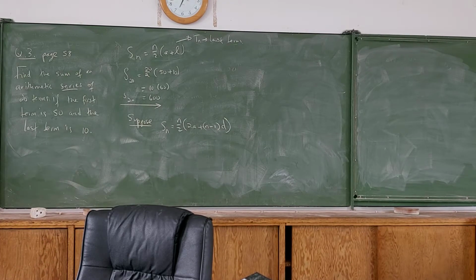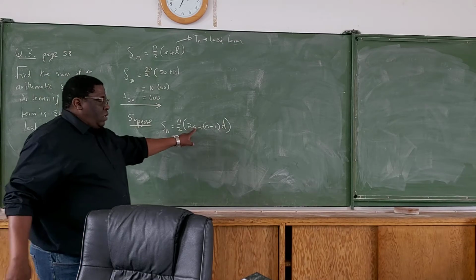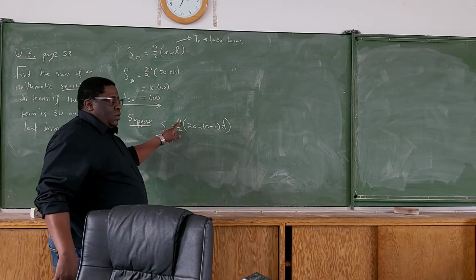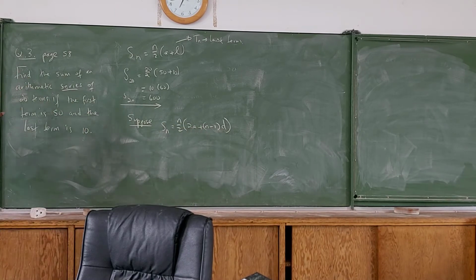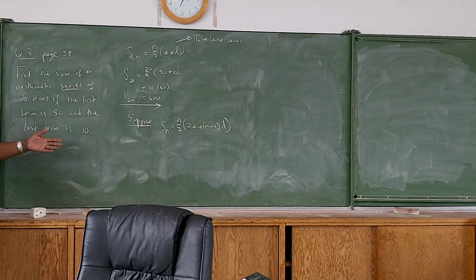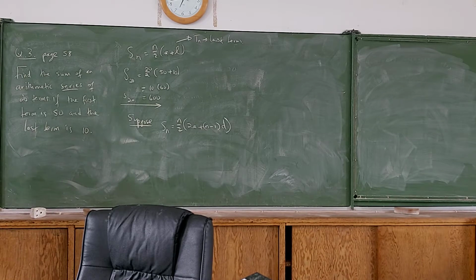Is that information enough for us to use that? We know the first term, we know the number of terms, but we don't know the difference. And the story does not even say anything about it. So because that is missing, it will probably be best if you only use the information that we have.